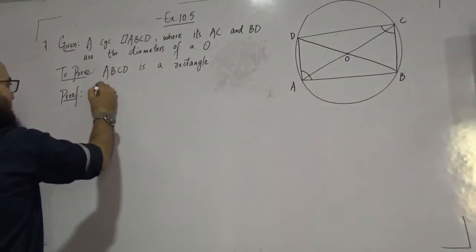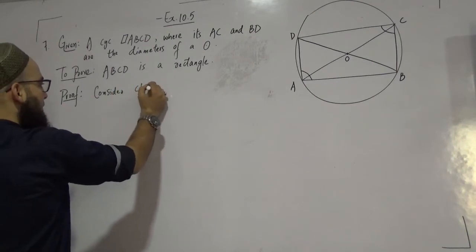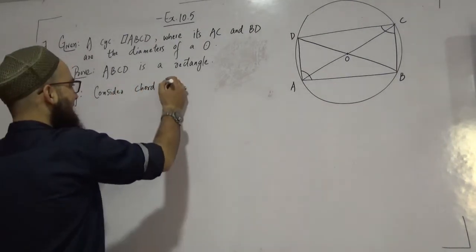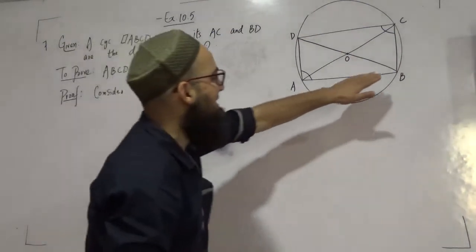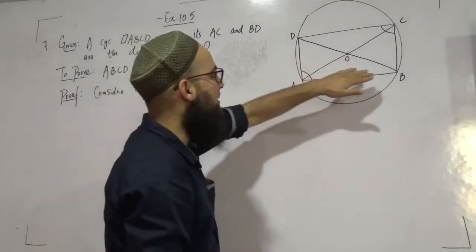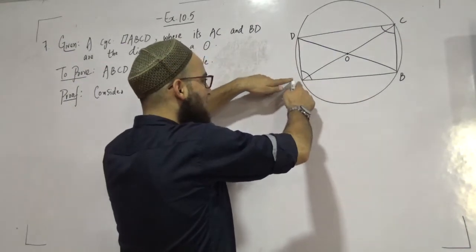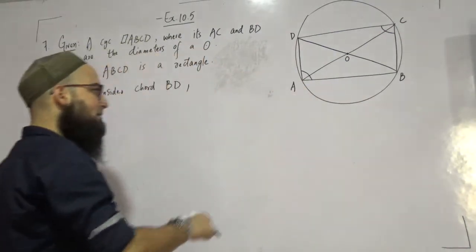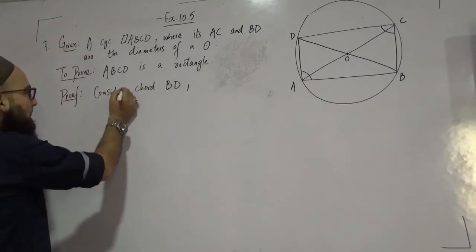Consider chord BD. BD is a chord because a diameter is also a chord. Now the angle subtended by this chord is the angle subtended in a semicircle, and you know the angle subtended in a semicircle is 90 degrees. We have proved that.